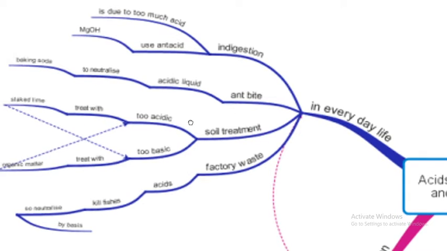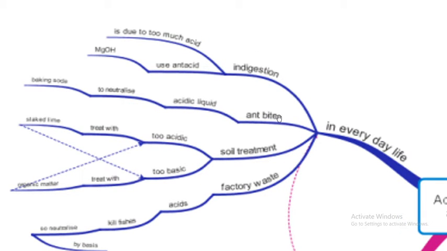If you suffer an ant bite or honeybee bite, the pain is caused by formic acid released into the body. To get rid of that, we apply baking soda, a base, which neutralizes the formic acid, so you get relief from the pain.